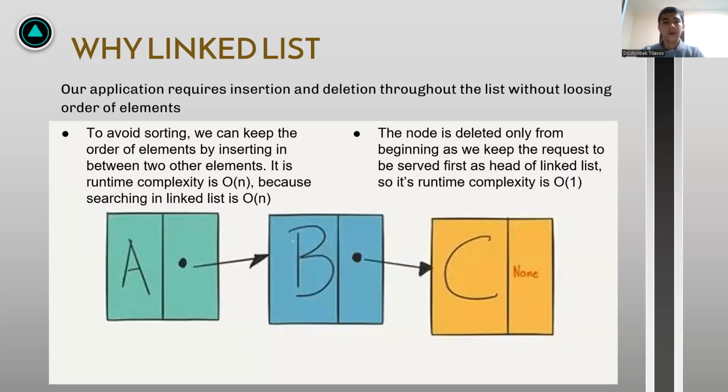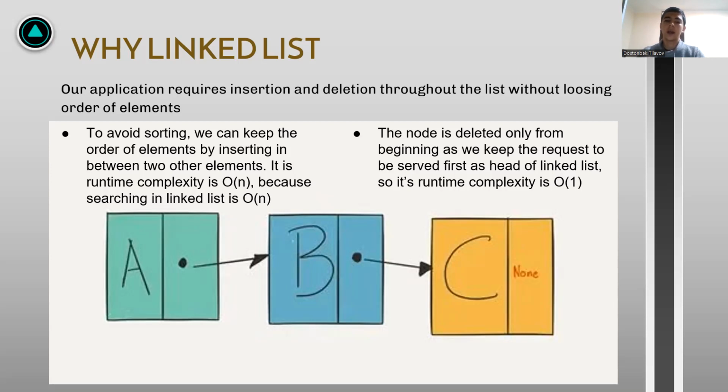Firstly, to avoid sorting, as it requires higher time complexity, like n squared, so that we can keep the order of elements by inserting in between 2 other elements. Like if we want to insert 4 in our linked list, we should insert it after 3, before 5.